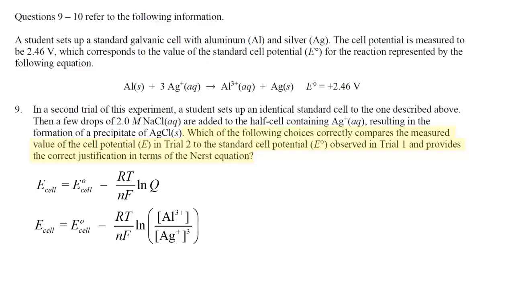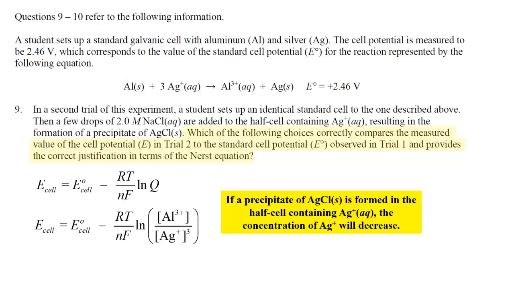Now what happened in trial 2 was that a precipitate of silver chloride, AgCl, was formed. And if a precipitate of solid silver chloride is formed in the half cell containing aqueous silver ions, then the concentration of the silver ion will decrease. Now, where is silver in the Q expression?